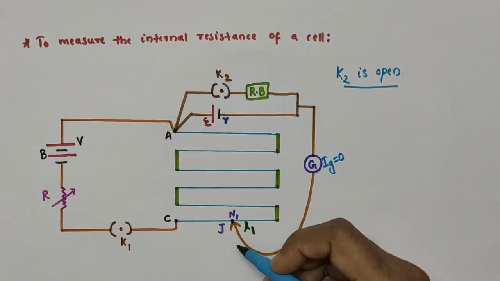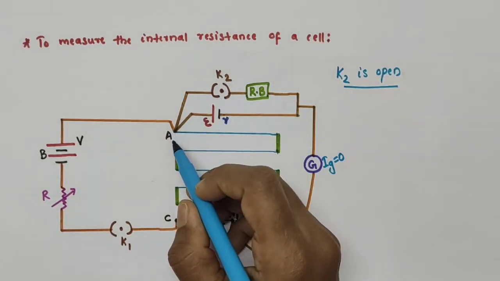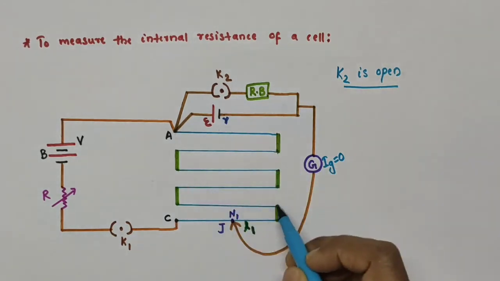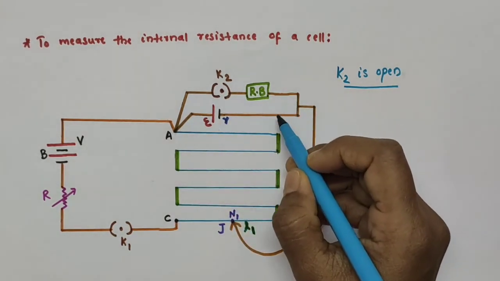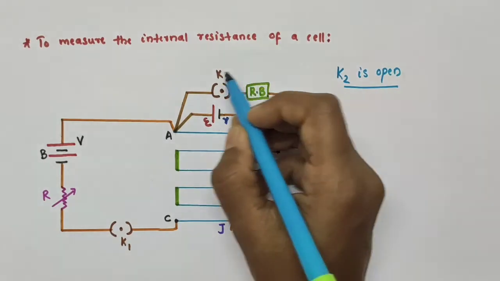Now you see, when we consider this loop, that is, A, N1, then G, then this is open now, so we cannot consider this loop here.